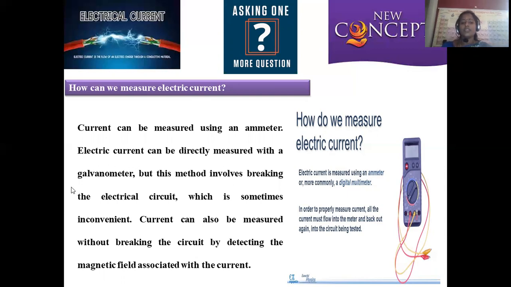Electrical current can be directly measured with the galvanometer, but this method involves breaking the electrical circuit, which is sometimes inconvenient. Current can also be measured without breaking the circuit by detecting the magnetic field associated with the current. Always, the electric vector and magnetic vector are associated.